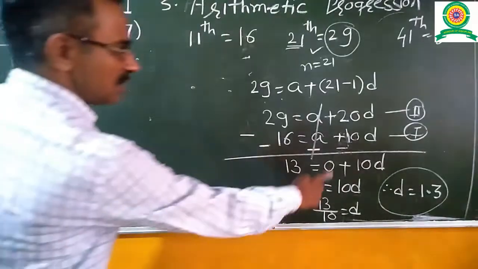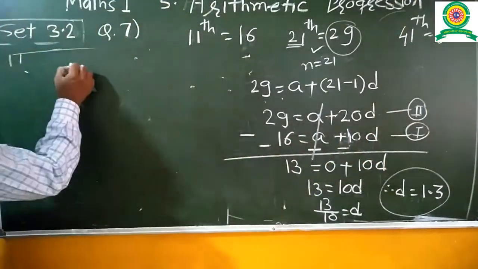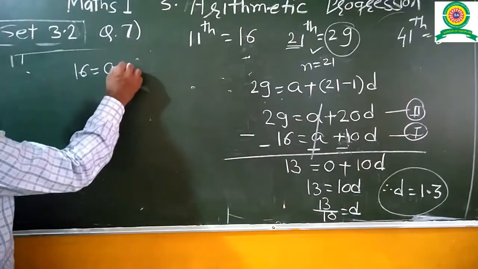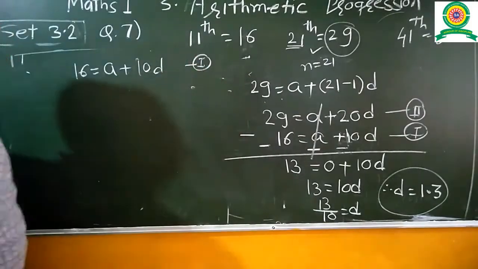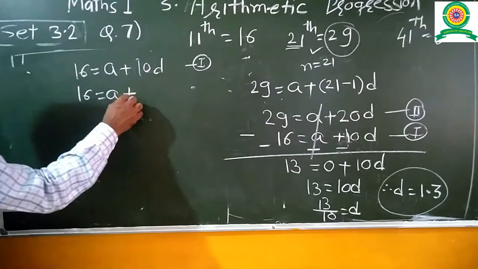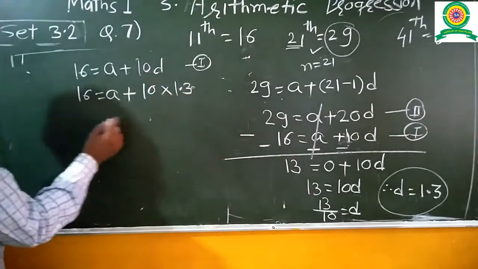But we do not know the value of A. So by putting D in any equation, here we are putting it in the first equation, A plus 10D. 10 into D means 10 into 1.3.